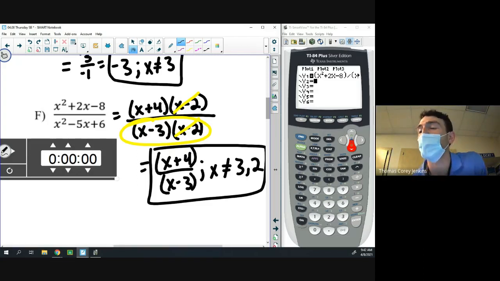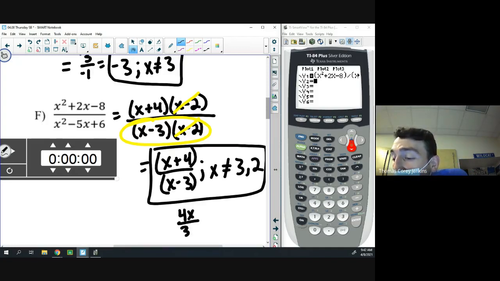So that might make it more obvious that the x plus 4 is one term, the x minus 3 is one term. So what you would be thinking of, like when would the x's cancel? That would be more like if we had 4x over 3x, then they would cancel and we just have 4 over 3, right? So that's the difference in multiplication versus addition. Does that make sense? Okay, so good ask there.